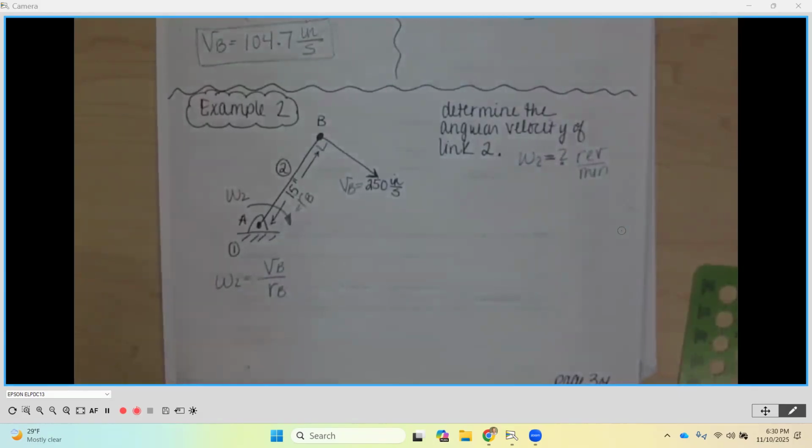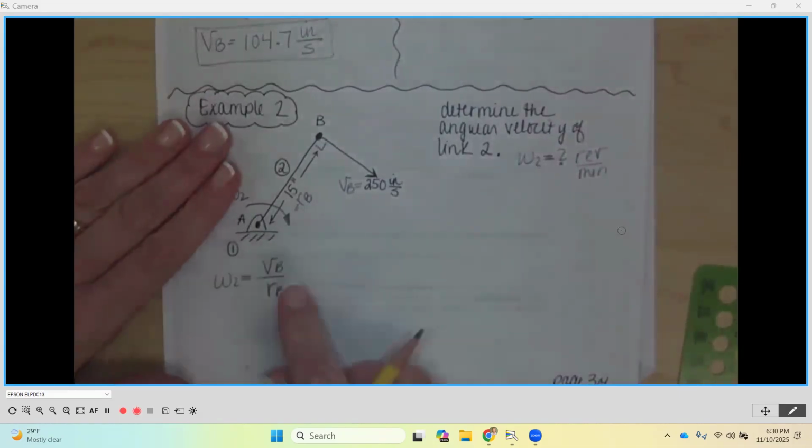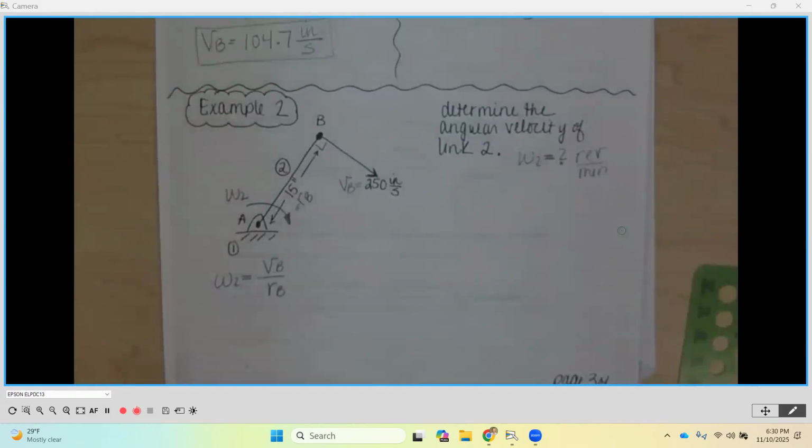All right. So now, if you put in the values here with the units, see what you get. Go ahead and do it, and then we'll compare. Put VB on the top, RB on the bottom, put your units in, cancel, see what you get.